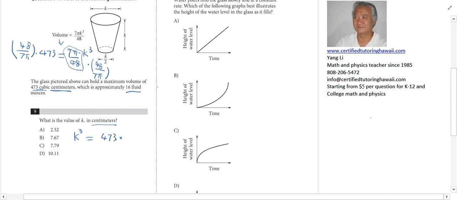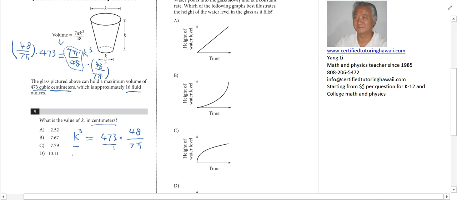So now after you multiply this, this one is already canceled, so you have only K cubed there. On the left side, you have 48 over 7 pi, of course it's over 1.